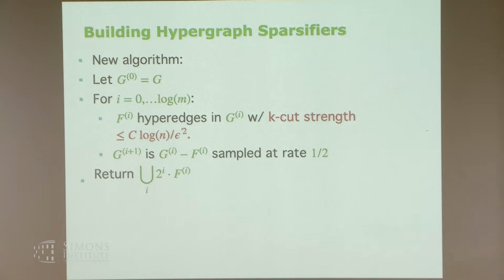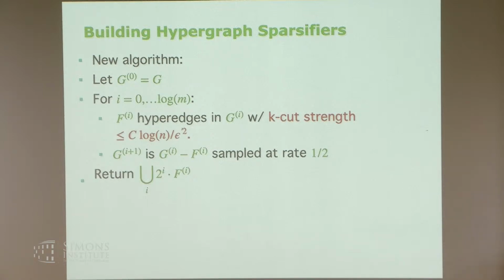And now instead of recovering edges that have low strength, as we did in the graph setting, let's recover hyperedges whose k-cut strength is less than or equal to this value. And by strength here, all I'm saying is basically keep removing hyperedges until the minimum k-cut gets sufficiently large that we can now sample. That's all that strength really intuitively means.